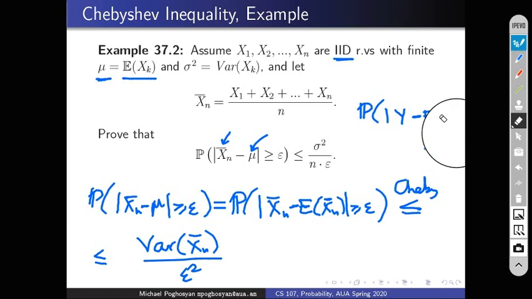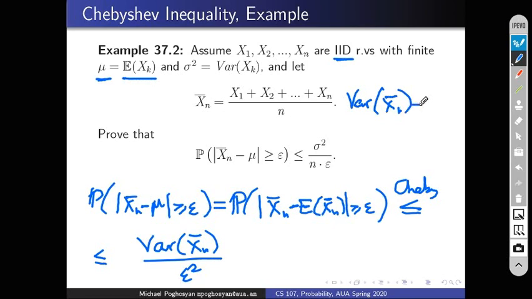So let me erase and calculate the variance of X̄n now. We have calculated this, but let me repeat it again. The variance of X̄n is the variance of this ratio.